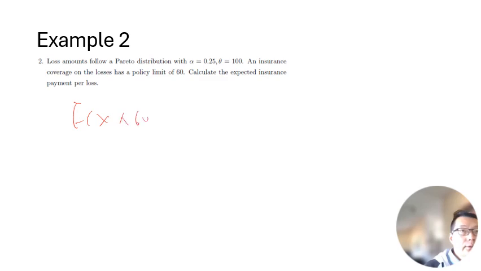E[X ∧ 60] equals theta over (alpha minus 1) times (1 minus (theta over (theta plus 60)) to the power of alpha minus 1). This is the formula in the exam sheet.